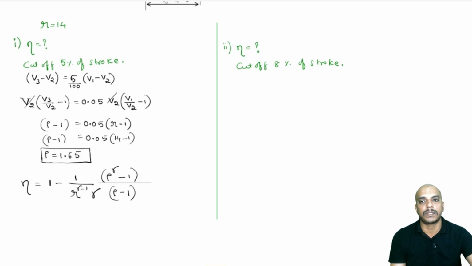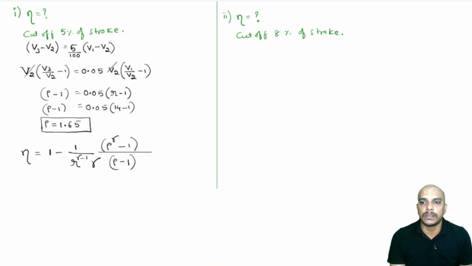So, this will be our equation for the diesel engine cycle, ideal air standard efficiency. So, 1 minus 1 by, now what is R here? R is 14. So, 14 power gamma minus 1, gamma value for air is known to us, that is 1.4. So, 1.4 minus 1, this will be 0.4. I will straight away write it. Now, gamma here is 1.4.